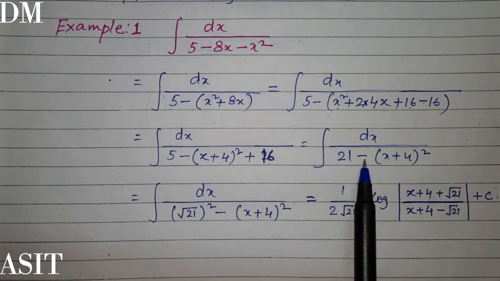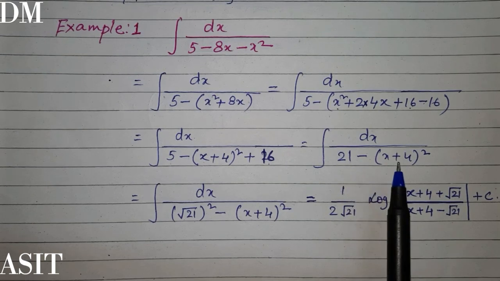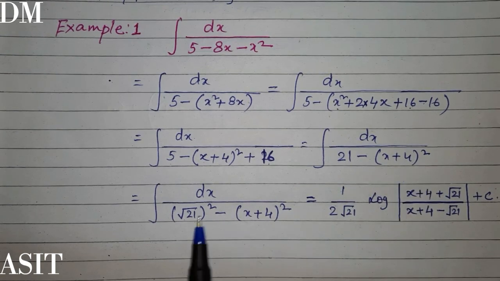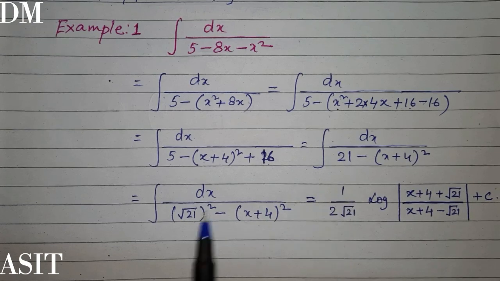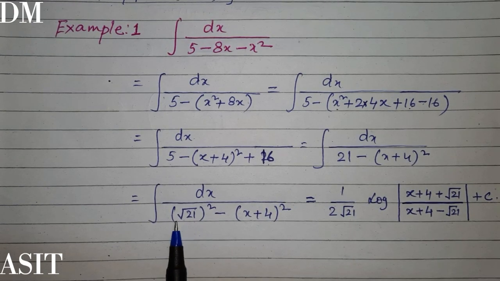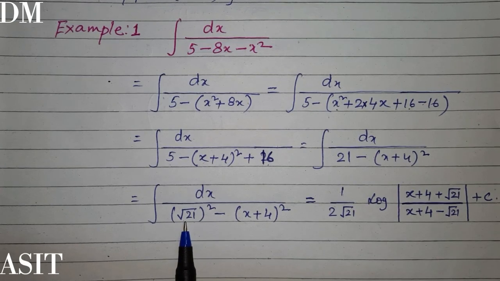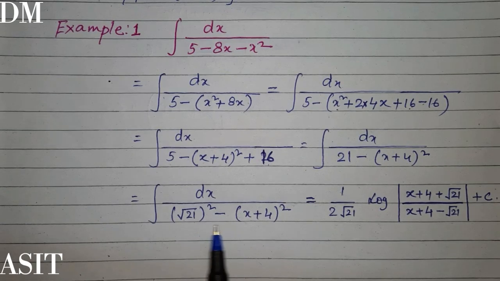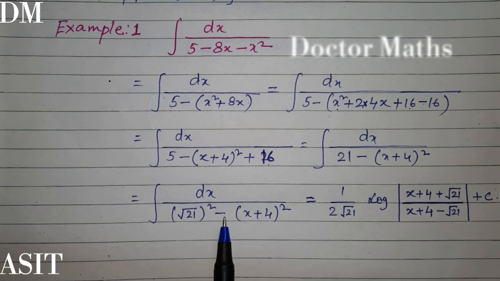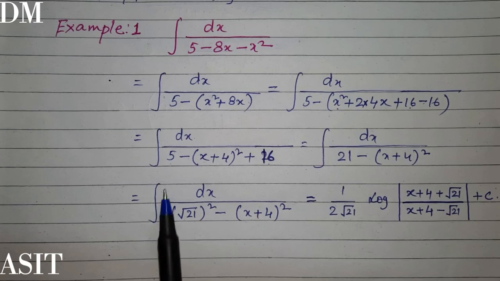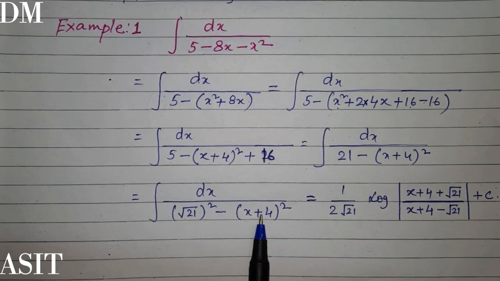Now this is in the form of a square minus x square. If I write this 21, it will be root 21 whole square. So that means a is root over of 21. So this is in the form of a square minus x square. Integration of dx by a square minus x square.